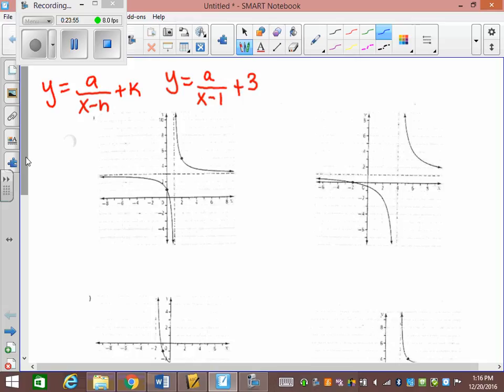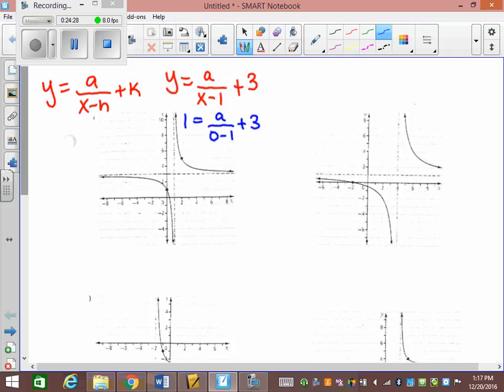Okay, so I'm going to use, it's really hard to see, is it 0 and 1? I think it is. 0 and 1. Okay, let's fill in 0 and 1. So we get 1 equals a over 0 minus 1 plus 3.